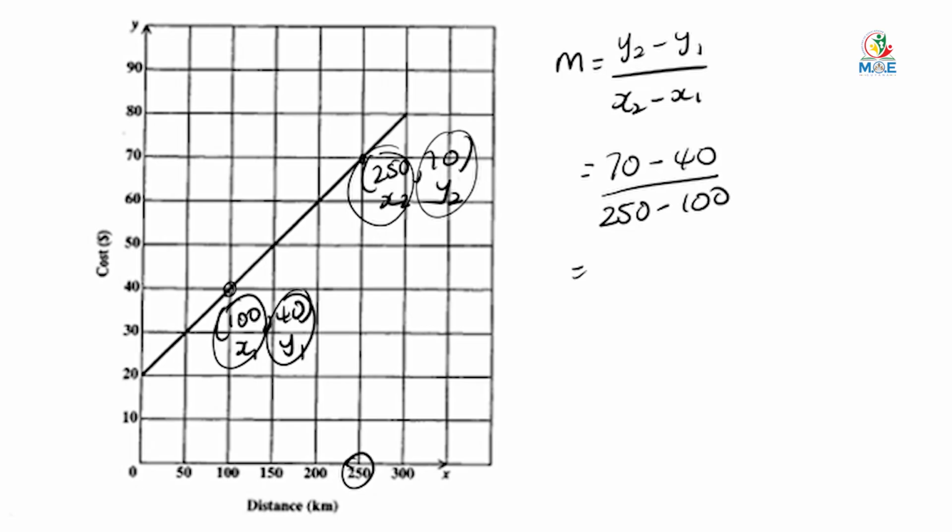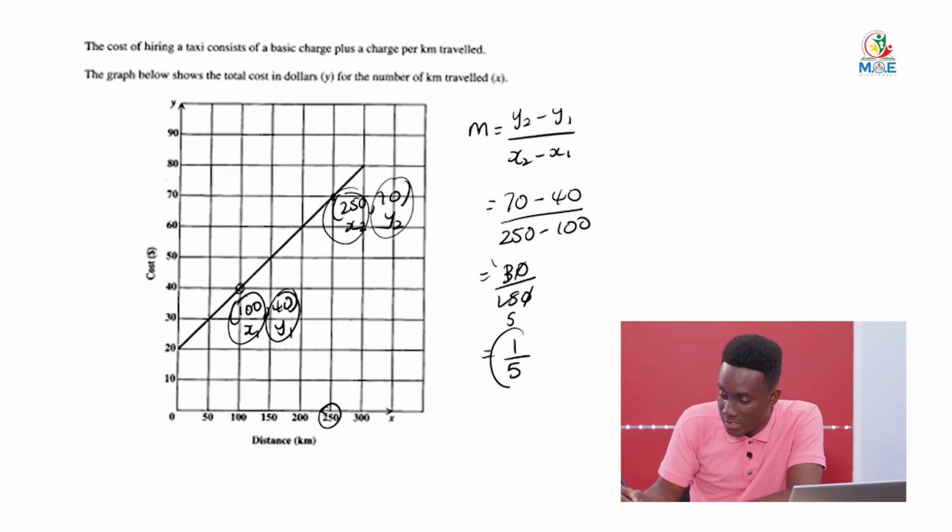So 70 subtract 40 is 30, and 250 subtract 100 is 150. This 0 goes with that 0, and 3 into 15 is 5. So this is 1 over 5. The gradient is 1 over 5.